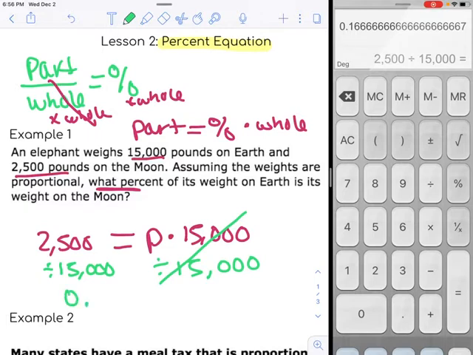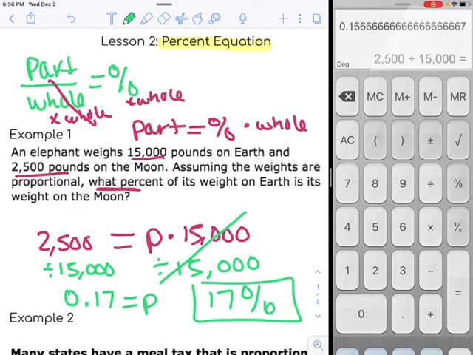So I would have 0.17, and that is my percent. But I actually want to write it in percent form. Remember, to do a percent, I multiply by 100 or move the decimal to the right 2 times. So I would end up with 17% as my answer.